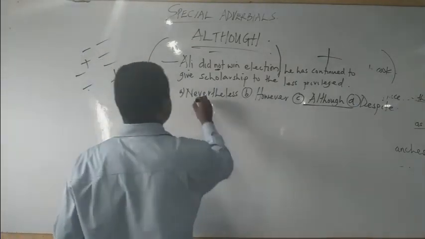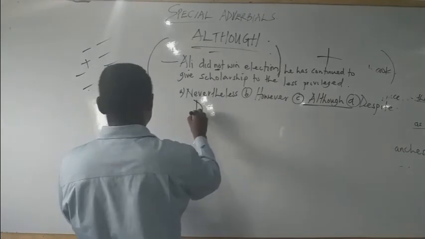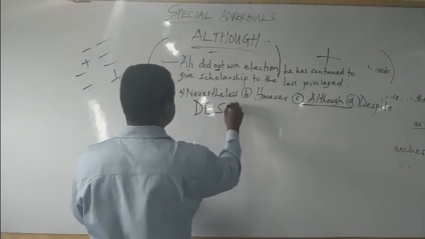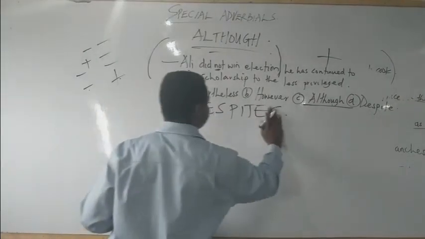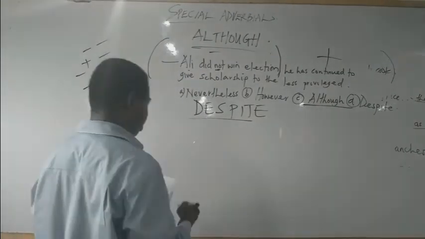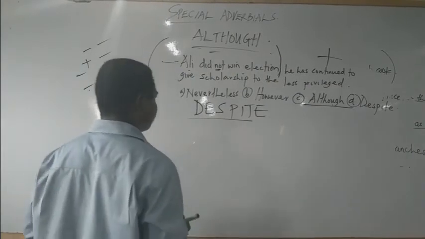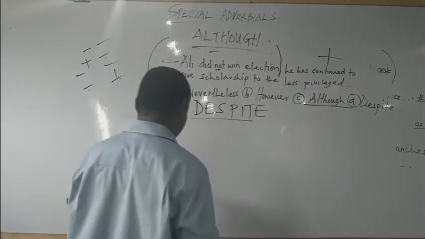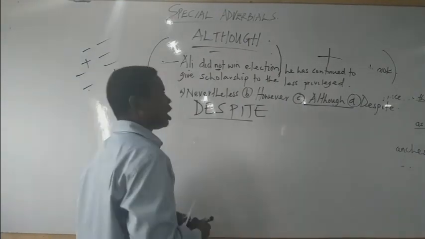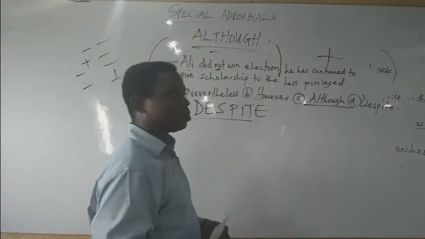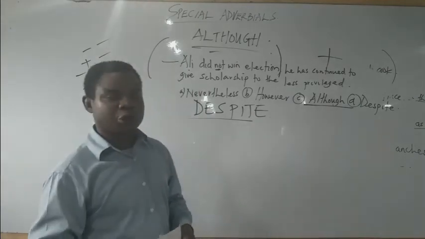Another instance of special adverbial usage is this word called despite. Look at this word, despite. Another adverb with a special word meaning or special usage in English. Now, despite is used to show an action that occurs against one's expectation.